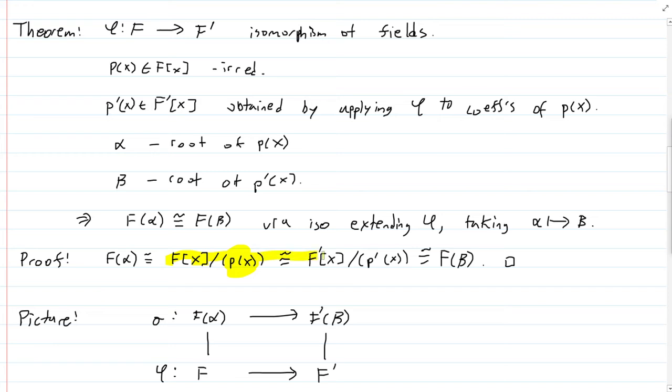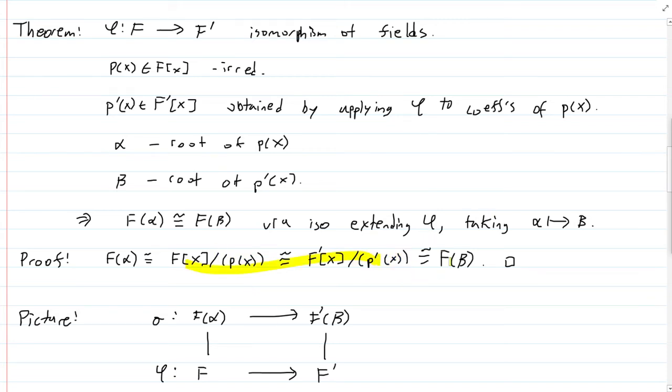So this root is like the role of x, where it satisfies this polynomial relation, p of x. And then to construct this isomorphism, you probably take the isomorphism from f to f prime, right, given by phi, and send x to x. And then notice that this would send this maximal ideal to this maximal ideal. So then you get an isomorphism of fields by, I guess, the first isomorphism theorem.